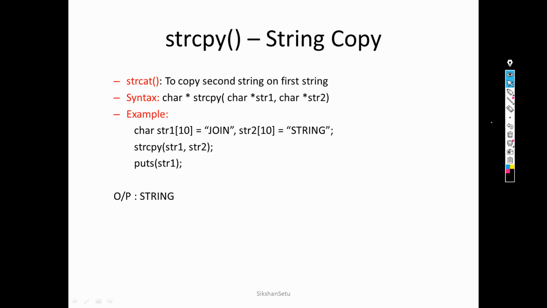Now next comes strcpy, that is used to copy the string. The value of the second string will be copied onto the first string. So let's take an example. Here we have join, and the second string is string. Once we execute this operation strcpy str1 str2, the content of str2, which is string, will be copied on join.